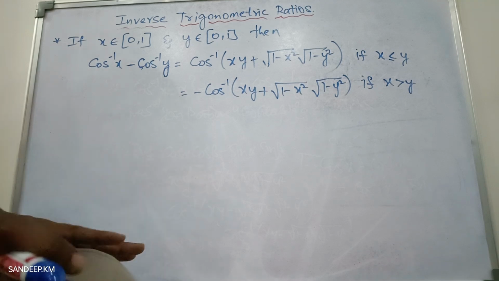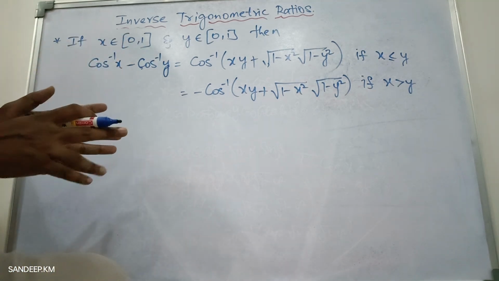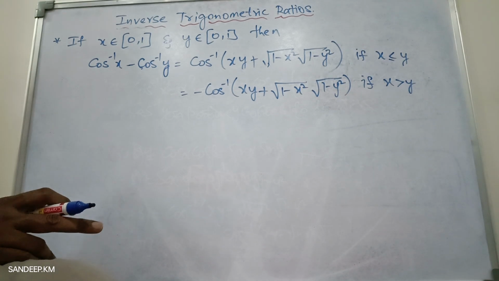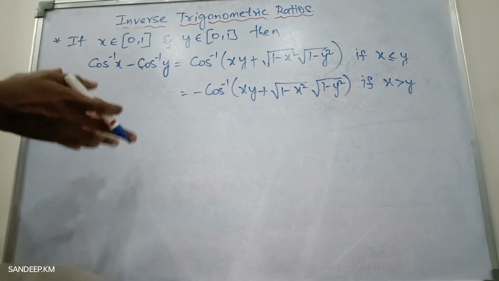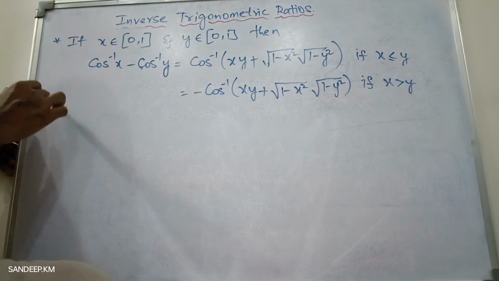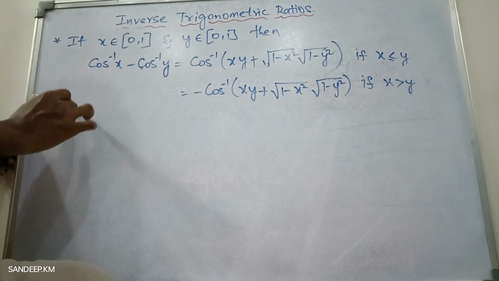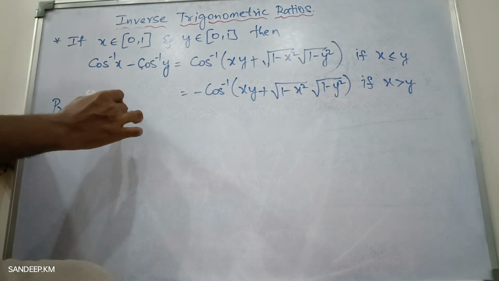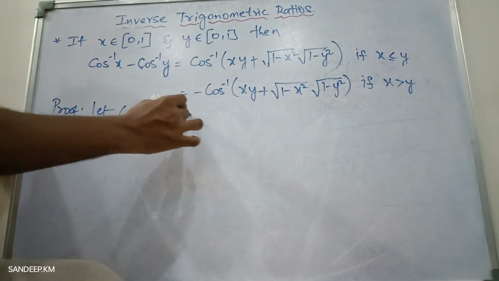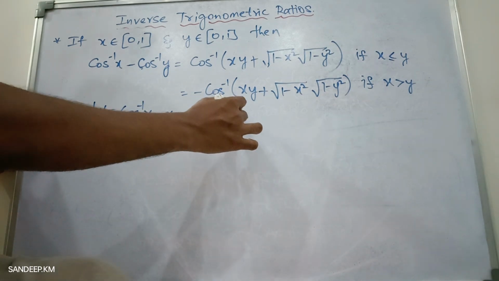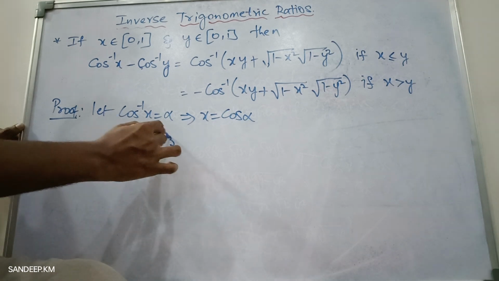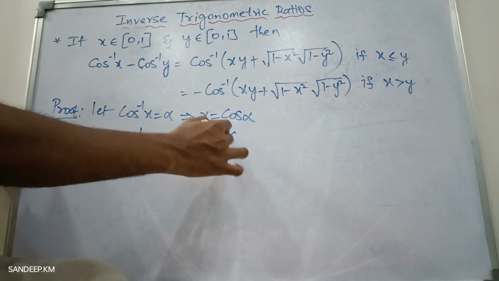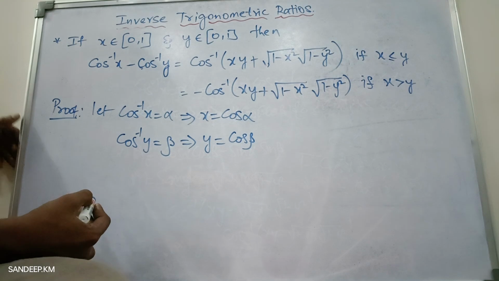Okay, so you can learn it by heart, but let us also see how to prove it. Here we have two cases. So we will solve the two cases. The introduction is the same as the previous theorem. In the proof, I'll say that cos inverse x is equal to alpha, which means x is equal to cos alpha, and cos inverse y is equal to beta, which means y is equal to cos beta.